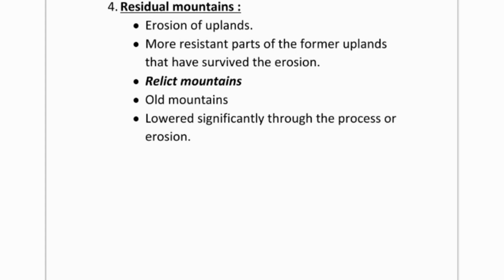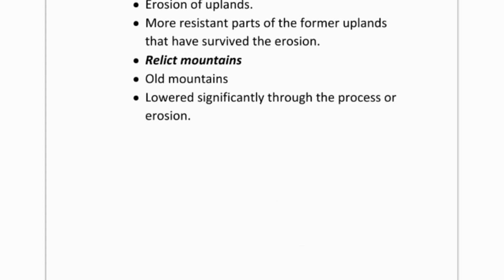Next one, residual mountains are formed due to erosion of uplands. Such mountains are the relatively more restricted parts of the former uplands that have survived erosion. The highlands of Scotland and the Sierras of Central Spain are examples of residual mountains. The residual mountains are also called relict mountains.